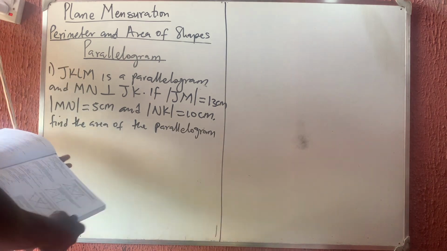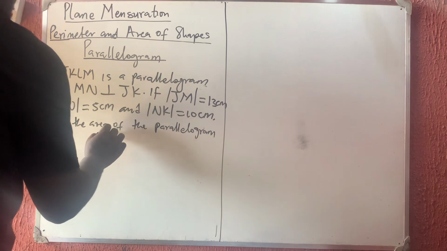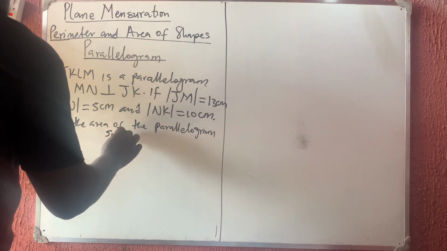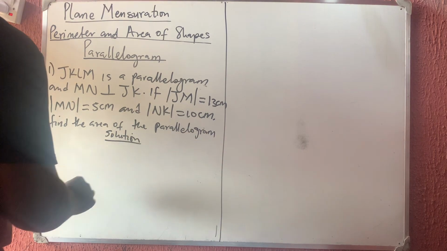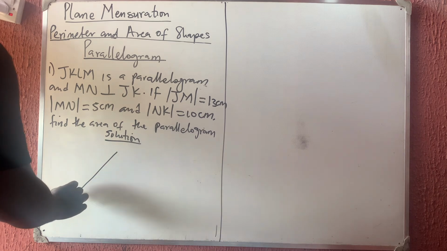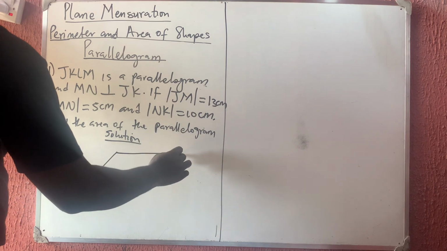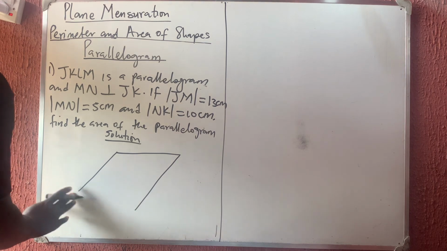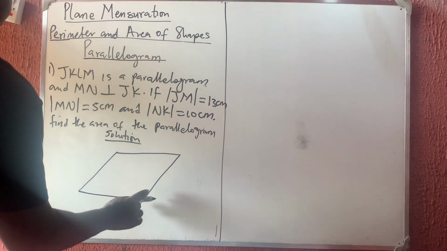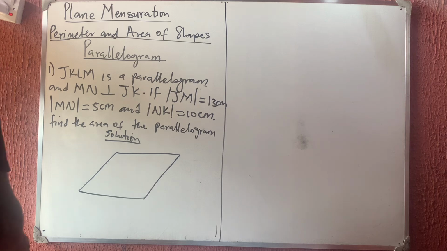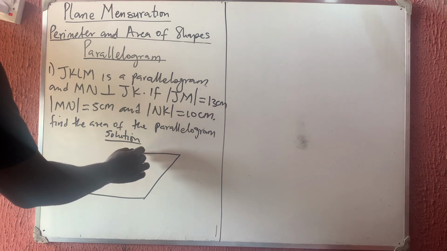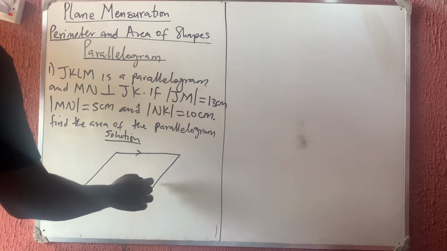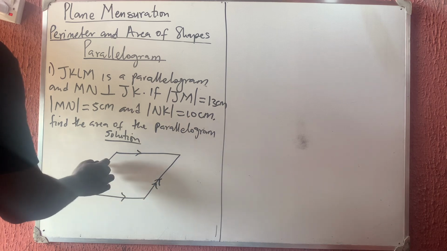Now this is very, very simple. Solution: you try to draw it so that you will know what you are doing. In naming any shape, what we normally do is either we name it clockwise or anti-clockwise. Let's assume that this is a parallelogram whereby here is parallel to here, and this side is parallel to this side.